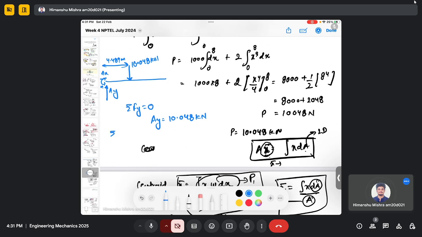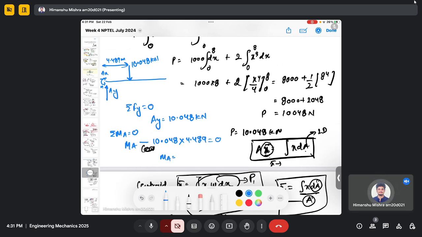And if you sum up the moments at point A and equate to 0, you will get MA minus 10.048 times 4.489 equals 0.